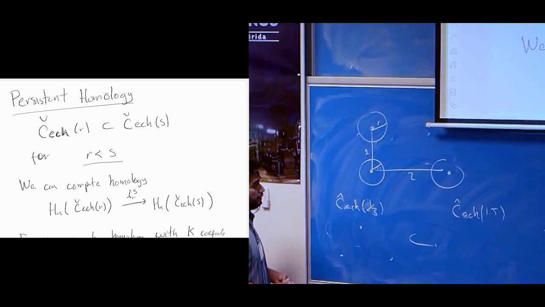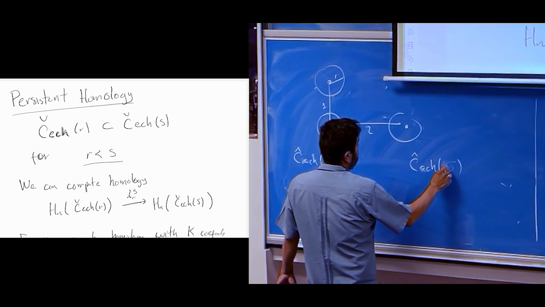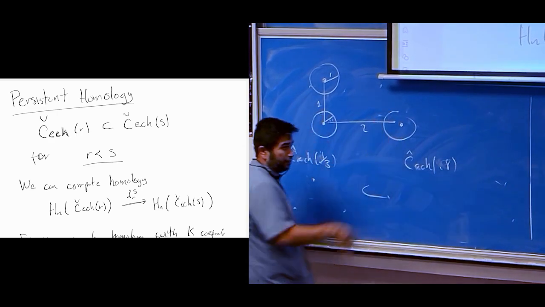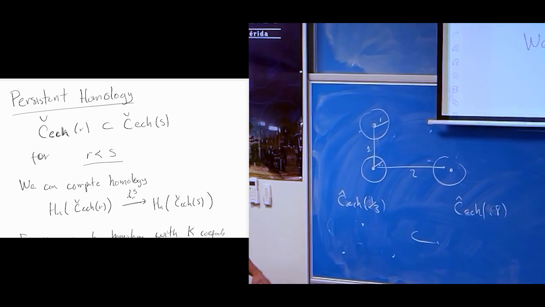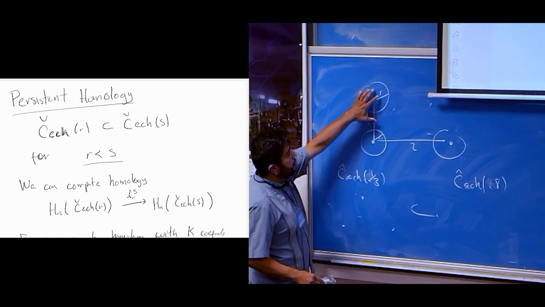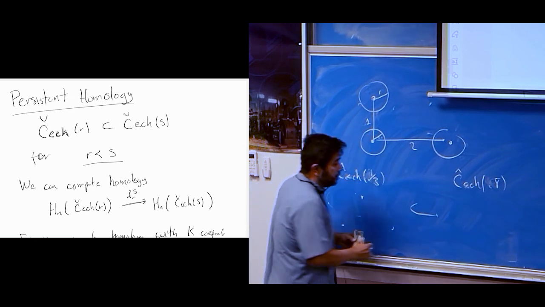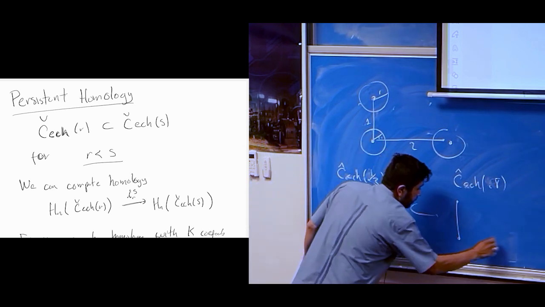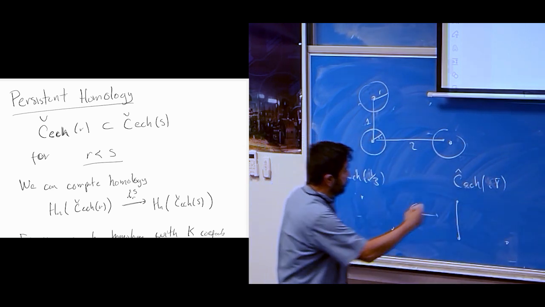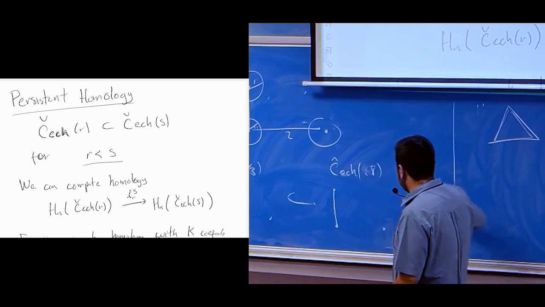What is going to happen with Čech of 0.8? What happens when you take balls of radius 0.8? These two balls are going to intersect, but this one doesn't. And so you will have this simplicial complex. And this one is contained here because the points are still there.